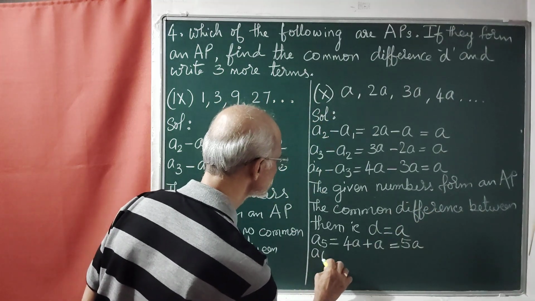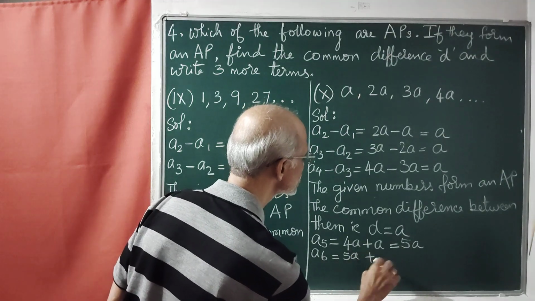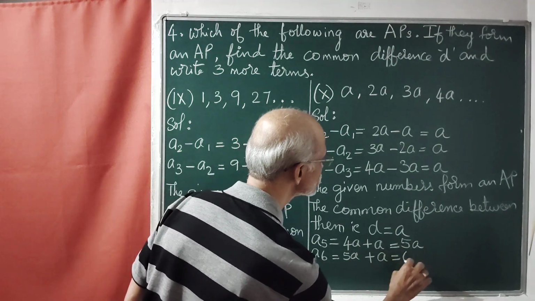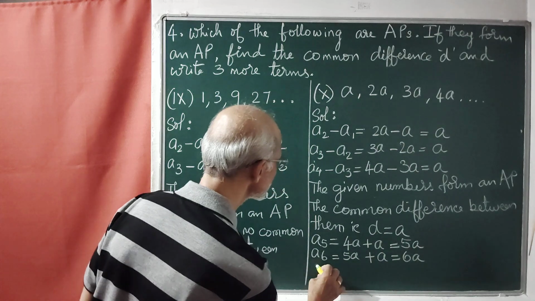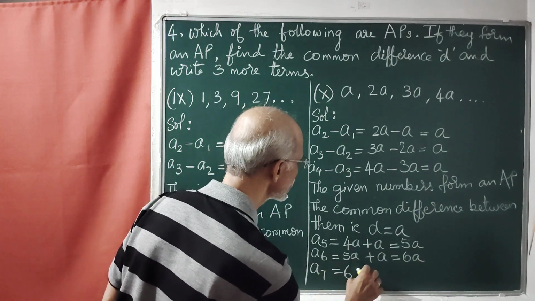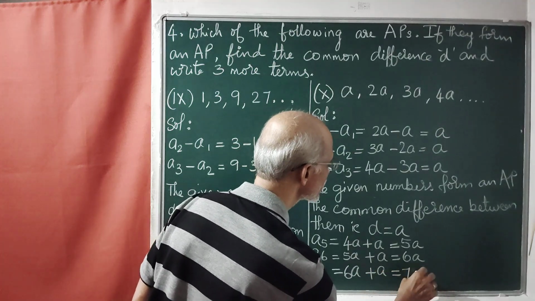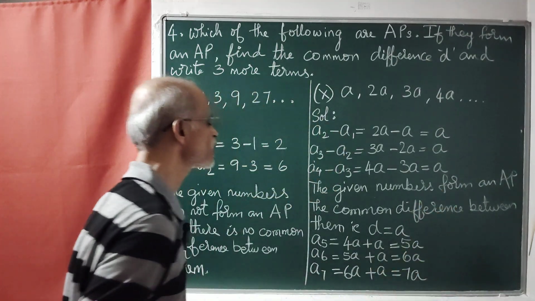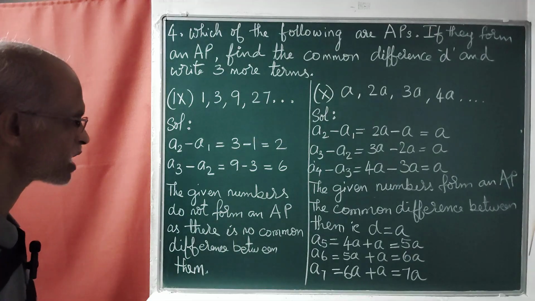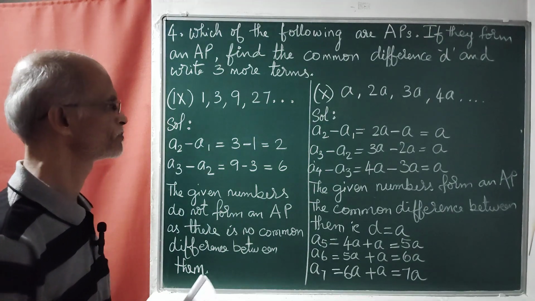A6 is equal to 5A plus A, 6A. A7 is equal to 6A plus A, that is 7A. So the required numbers are 5A, 6A and 7A.